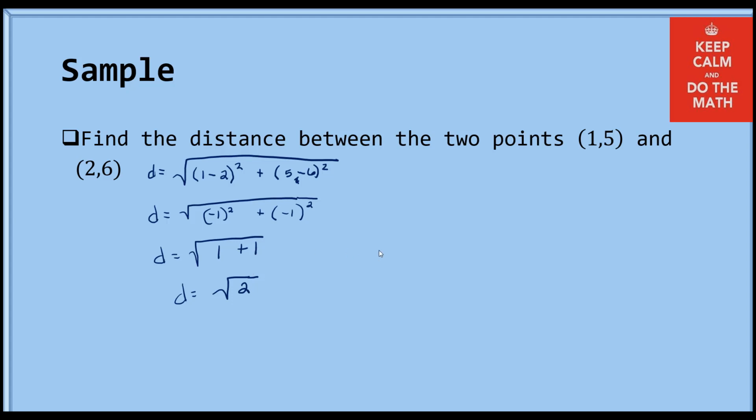Something to keep in mind is that because this is addition between those two parentheses, if I had decided to put the y's first, and done the difference in y's, 5 minus 6, squared, plus 1 minus 2, with the x's in the second half, you're going to get the exact same answer. 5 minus 6 is negative 1, and 1 minus 2 is negative 1, squared.